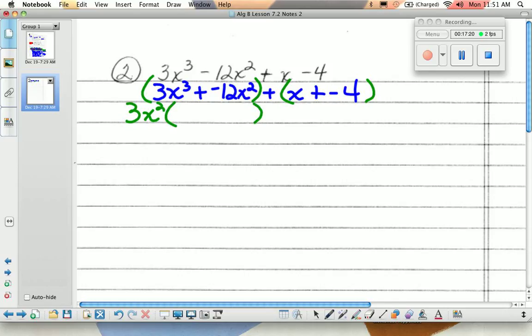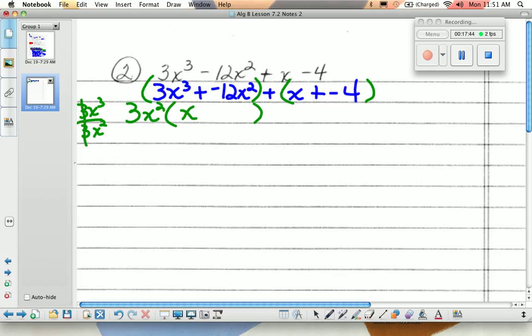Okay, now what's the result after we do that? What's 3 divided by 3? 1. And what's x cubed divided by x squared? x. So again, if you need to go off to the side and say, I gotta see that, I gotta do 3x cubed over 3x squared, and you gotta see that the 3's cancel.